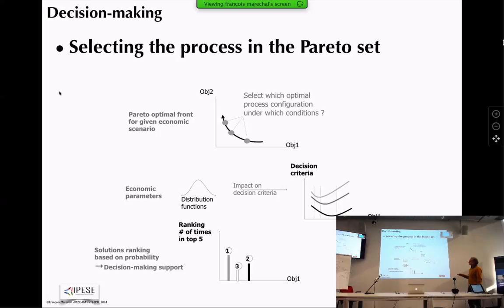So what we are going to do is the following. We're going to consider the distribution here and make a Monte Carlo simulation on the economic conditions. I'm choosing one objective function, which is total profit. Then by using a Monte Carlo, you know what is the Monte Carlo approach?